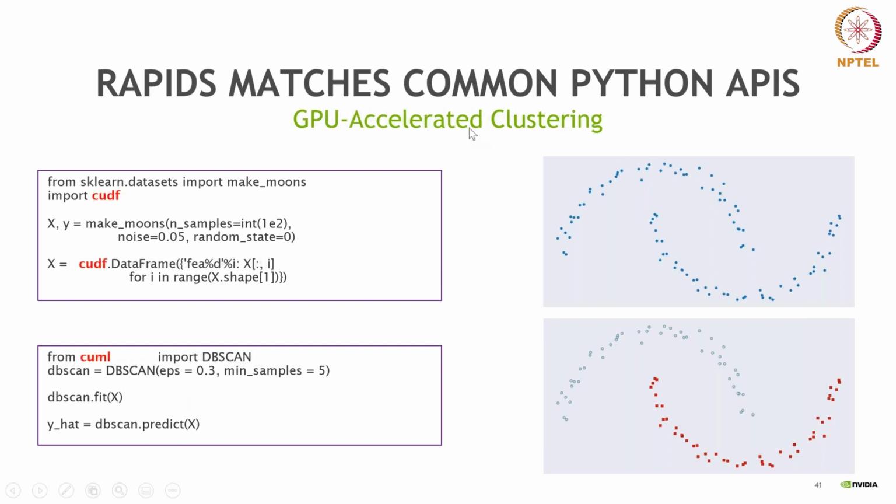Same thing on a GPU, you can see practically there are only two changes. Instead of importing pandas, you are importing cuDF, and instead of importing sklearn, you are importing cuML, and the rest of your code remains the same. So if you have a GPU, just by changing the imports, you can actually get the kind of performance that we were talking about some time back.